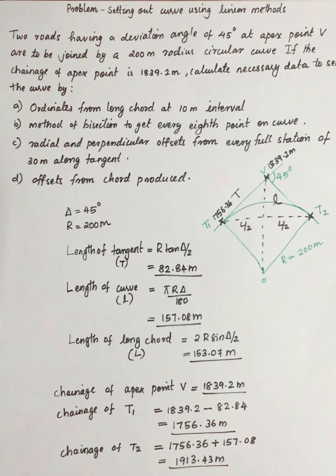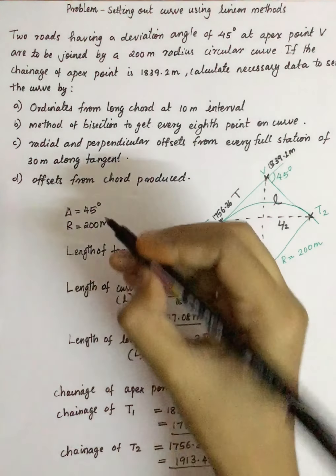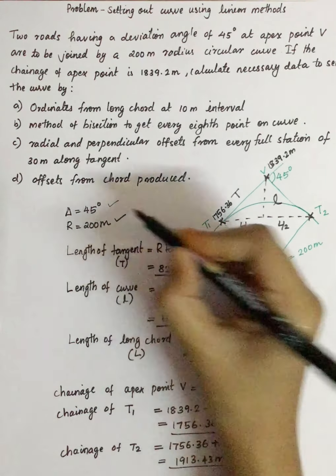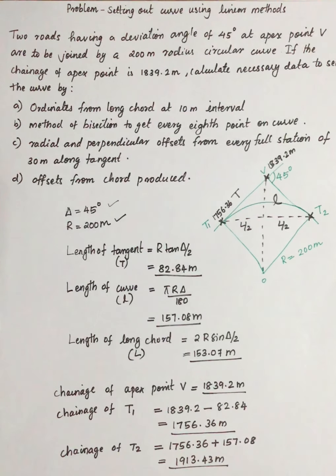So before start solving this problem, you need to find the fundamental elements of a circular curve. So from these two data, that is deviation angle delta and radius of the curve, we have calculated the length of the tangent, length of the curve, length of the long chord.